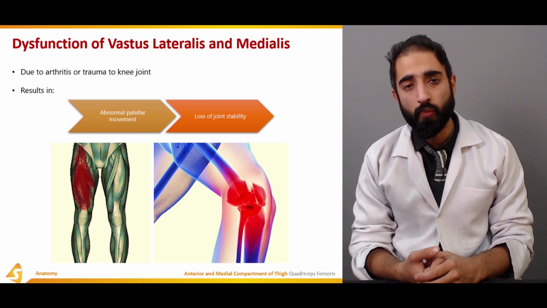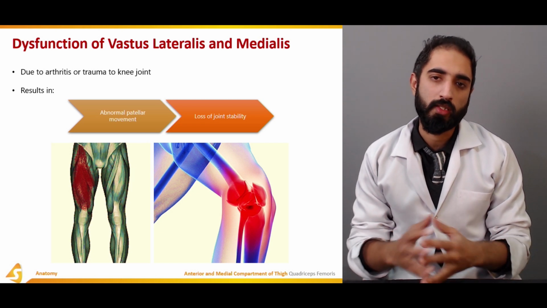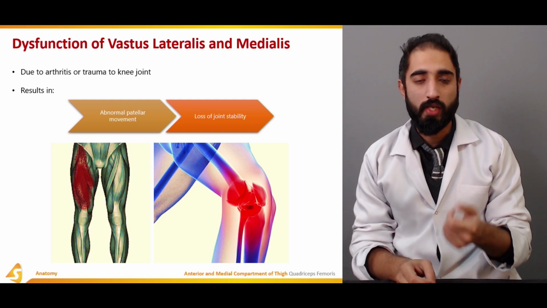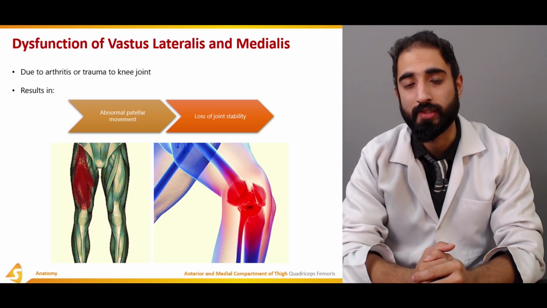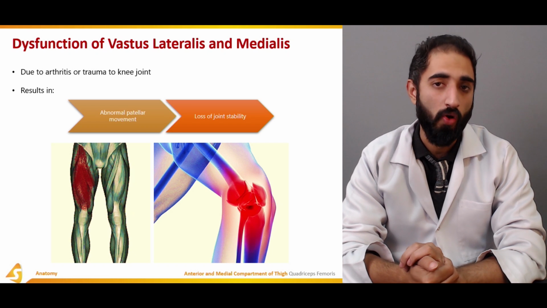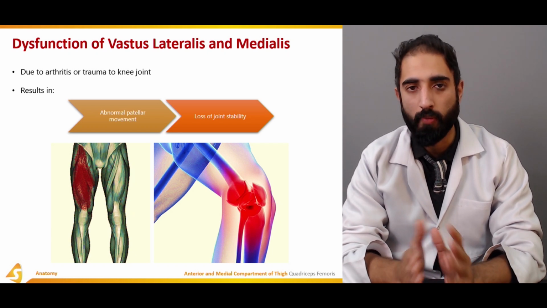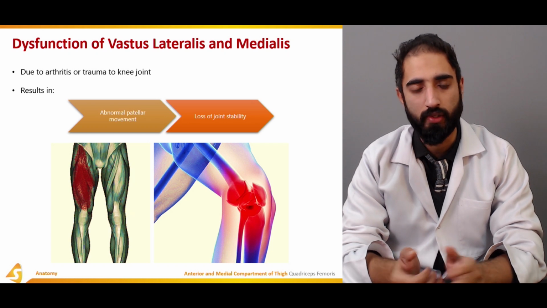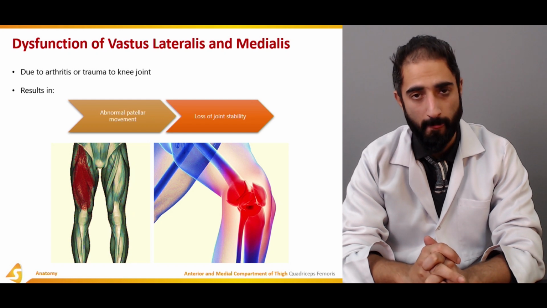When the discrepancy develops between vastus lateralis and vastus medialis, vastus lateralis, because it is hypertonic and short, pulls the patella towards the lateral aspect, and thus causes lateral patellar tracking, which can lead to abnormal joint mechanics and even patellofemoral joint dysfunction and patellofemoral pain syndrome as well.